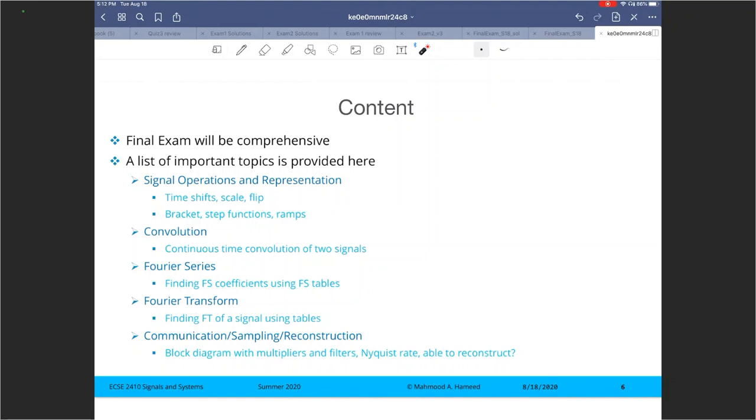Now, a general rule of thumb here is that the questions you might see on the final exam are not going to have a lot of tricks to them. They are going to appear more straightforward, because I want to convey that these are the core ideas and this is what I want to test on.